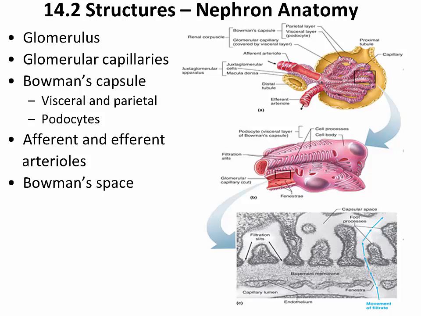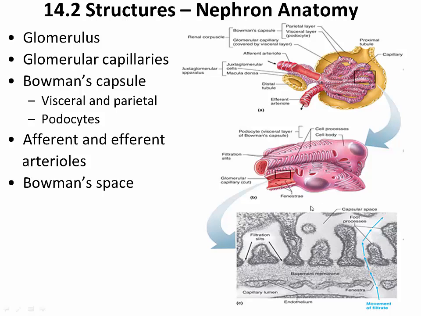So let's go down here to the very bottom of our diagram and look at what's happening here. And so if you follow the pointer, this is the capillary lumen. Here we have openings in the capillary through which filtrate moves. The filtrate can then move easily through this basement membrane to which the visceral layer of Bowman's capsule is attached.